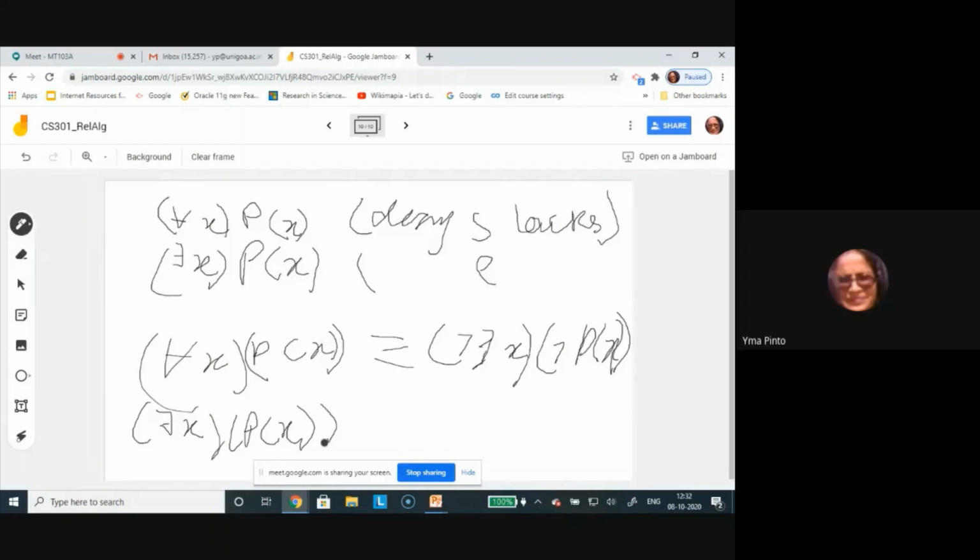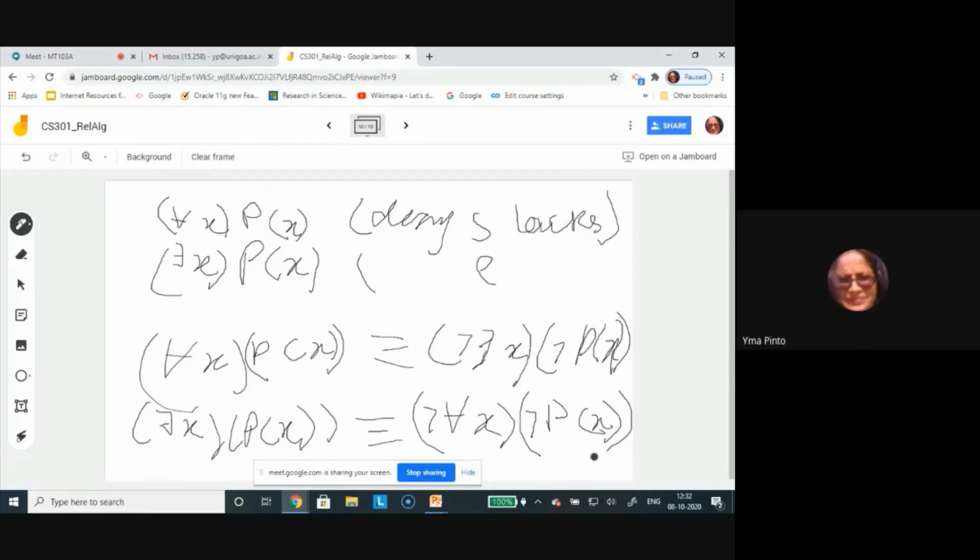So here exists X P of X is the same as saying that for the entire universe, I cannot find this property absent. So that does not exist for all X such that this property does not exist. So these are the equivalent forms that I look at when I have my quantifiers.